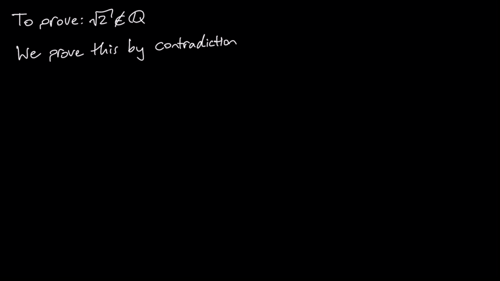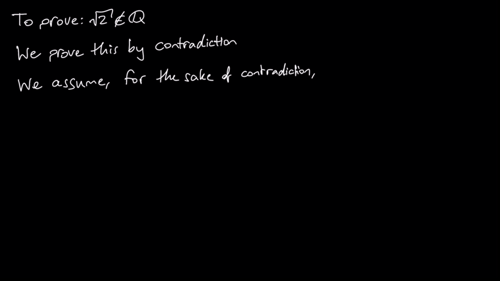So first, we assume, for the sake of contradiction, that the square root of 2 is a rational number. So I'm assuming the statement is false, but I'm assuming that with the purpose of finding a contradiction, to show that must be incorrect.